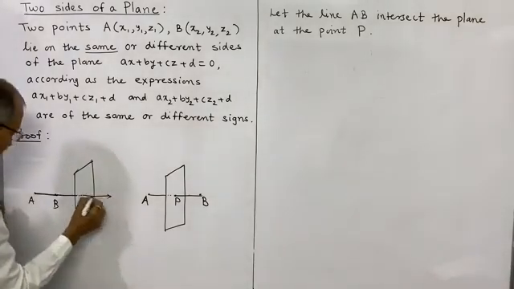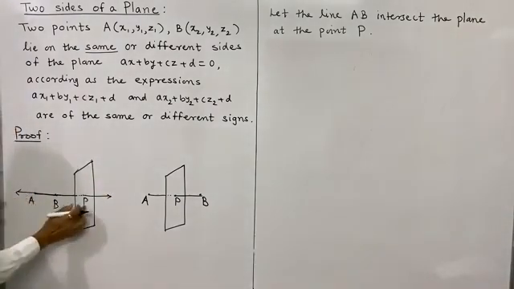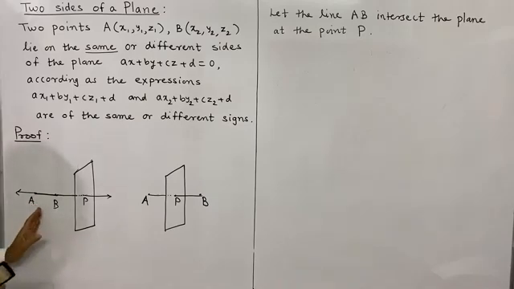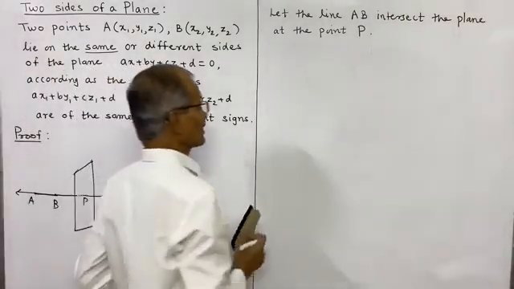So here the segment AB intersects the plane in an external point, an external division, and here the division will be internal.